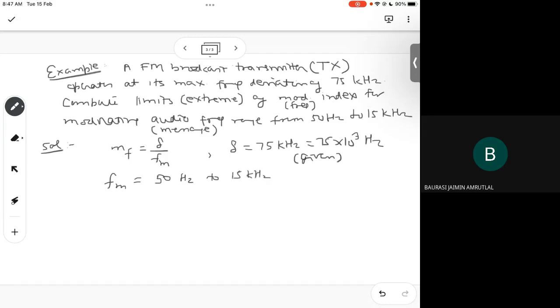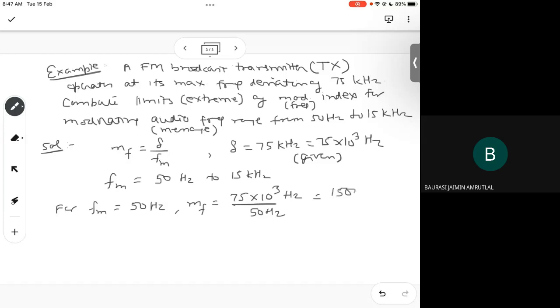So if fm is equal to 50 hertz, delta remains the same, so it becomes 75 into 10 to power 3 hertz by 50 hertz. And I am putting the units also, so you get the idea.